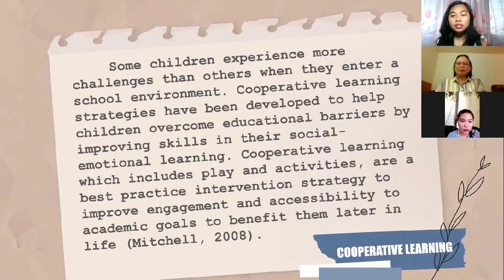So this is just basic practice for your students to practice their social emotional skills. We are going to work in the future, and we are going to meet other people. So we have to practice interacting with other people. These cooperative learning activities can help your students to boost their social and emotional skills.